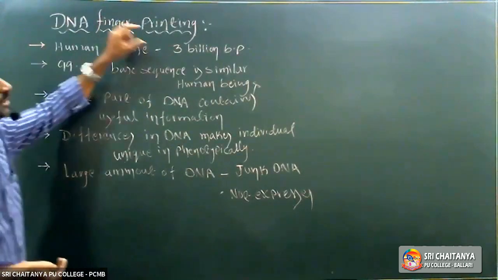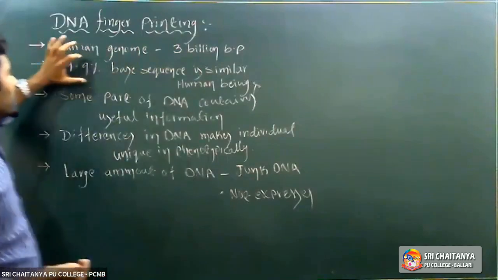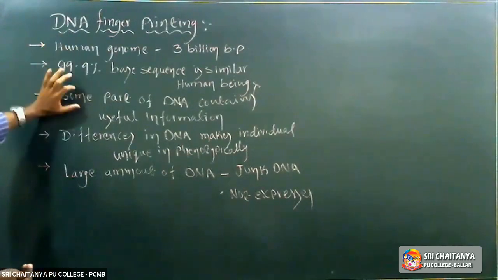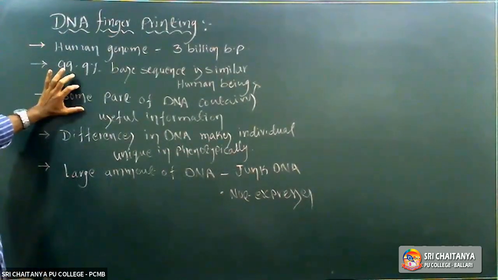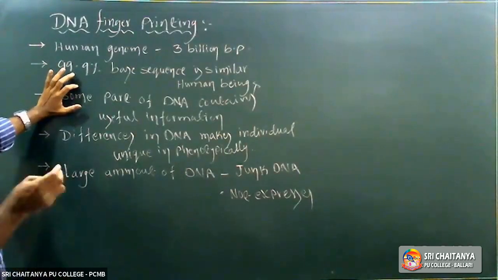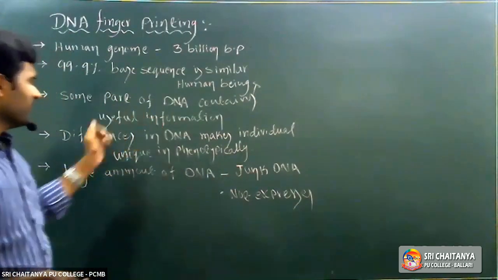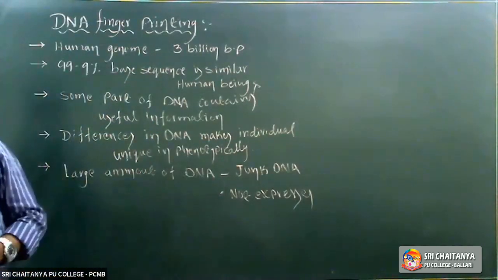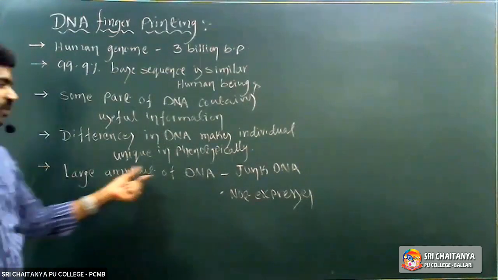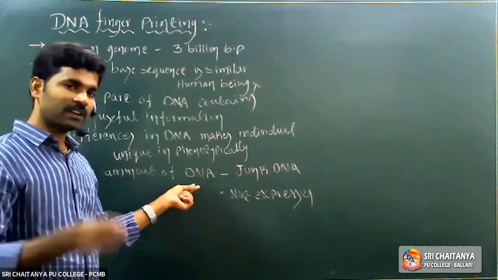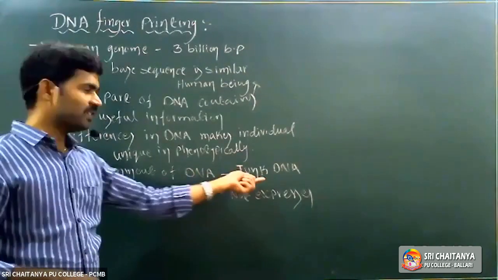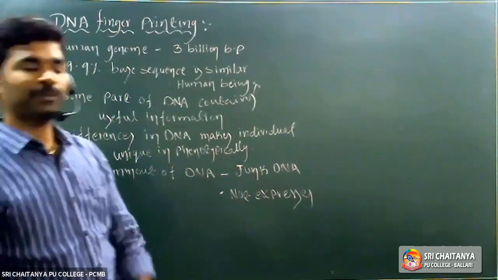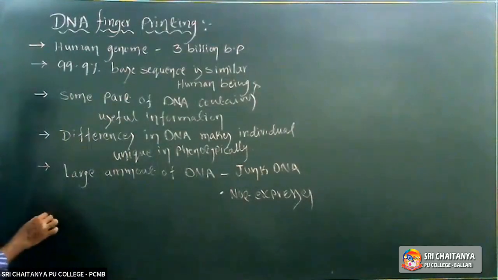See here, the human genome contains 3 billion base pairs, and 99.9% of the base sequence is similar among human beings. Only some part of the DNA contains useful information. The differences present in DNA make an individual unique in phenotypical appearance. But a large amount of the 2.2 meters of genetic material is junk DNA, which does not participate in protein synthesis, meaning it does not express.